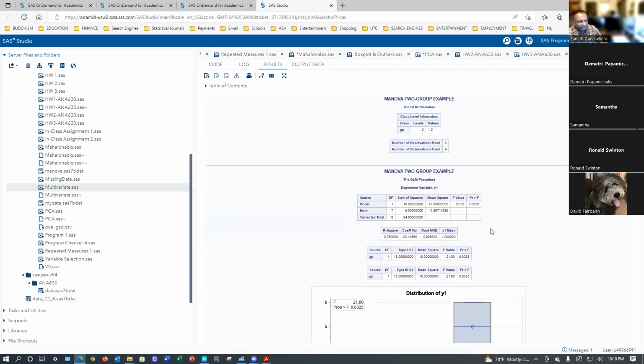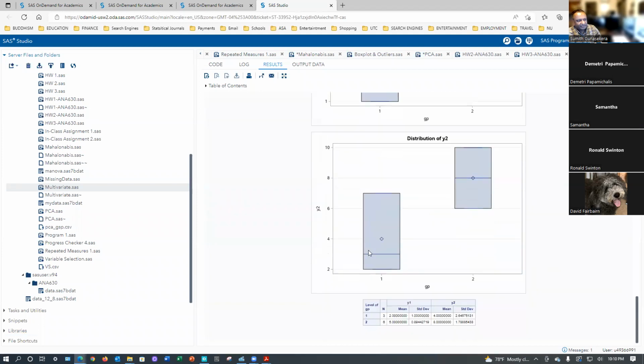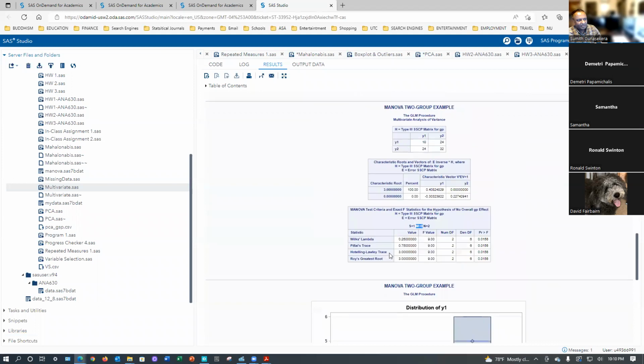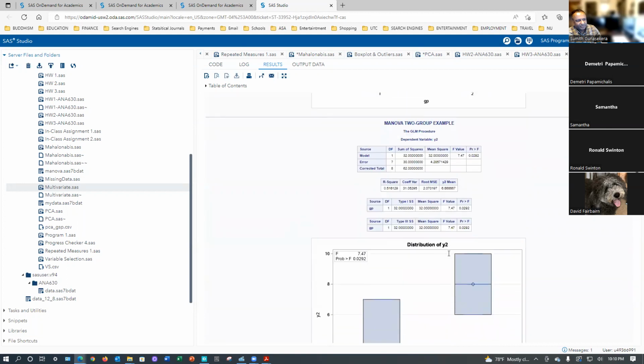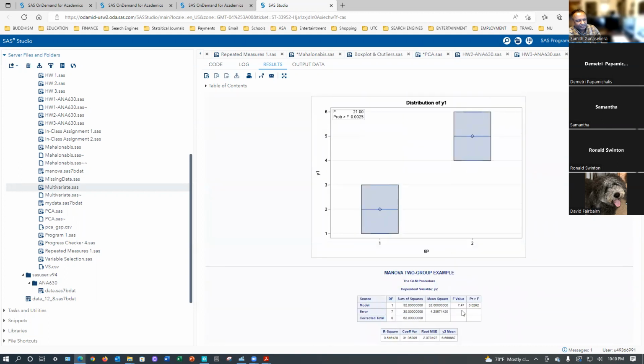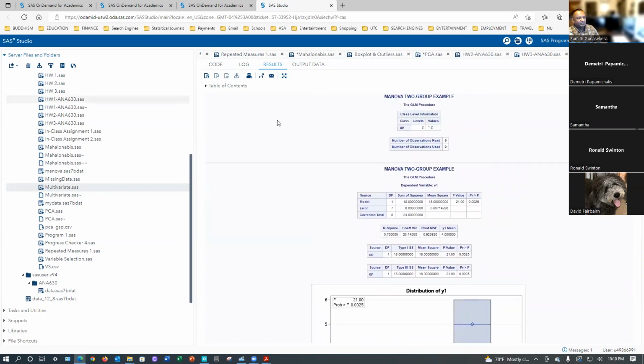This is the Y1 ANOVA table. This is the Y2 ANOVA table. This is the overall MANOVA table. ANOVA univariate for Y2, univariate for Y1.